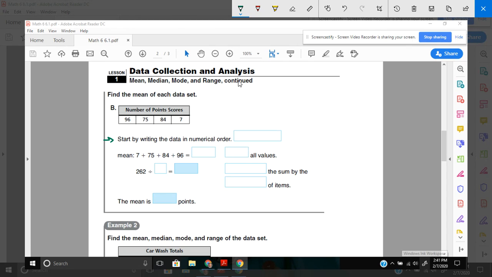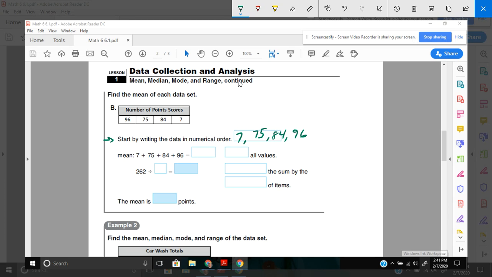You'll see why they do this in the next example, because when you're trying to find median, it can be helpful. So it's just good practice to do it here. So it'd be 7, 75, 84, and then 96 is my greatest, going least to greatest. Okay, so 1, 2, 3, 4. Good, I have 4 values here.